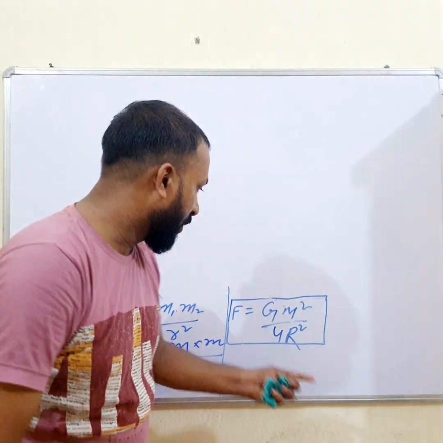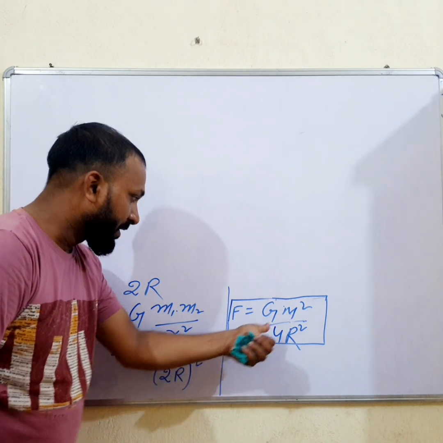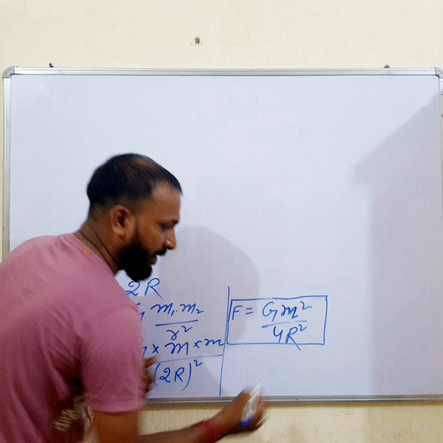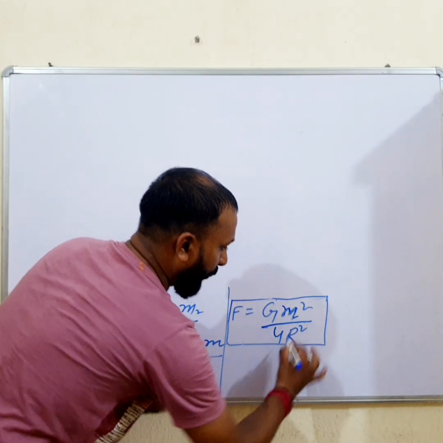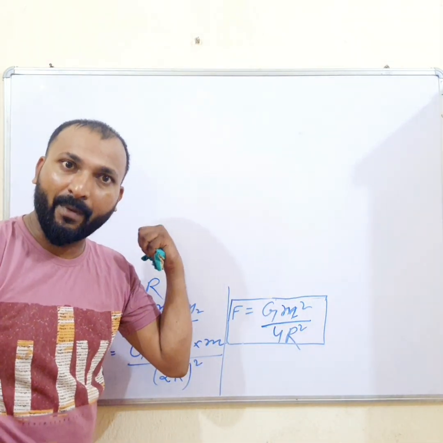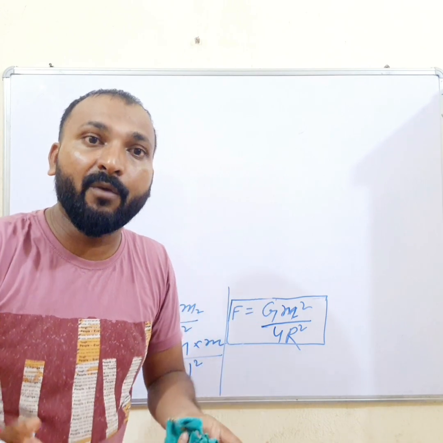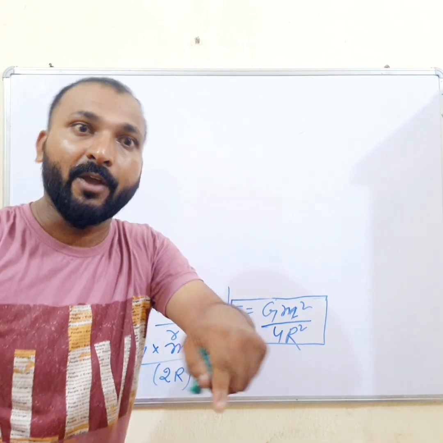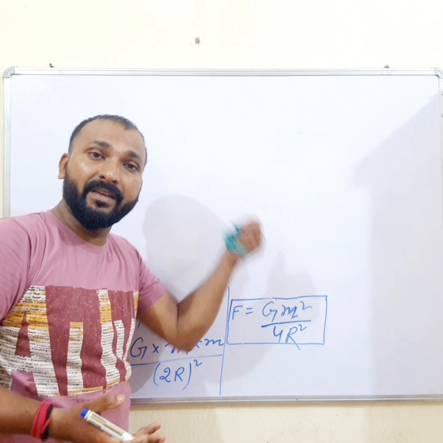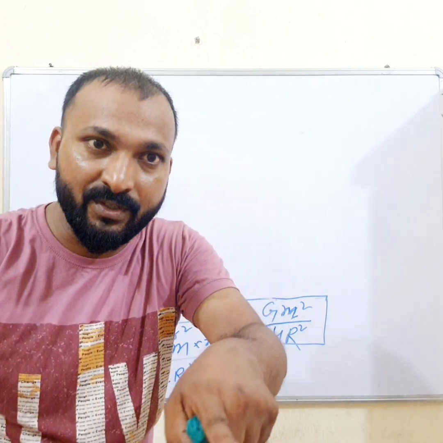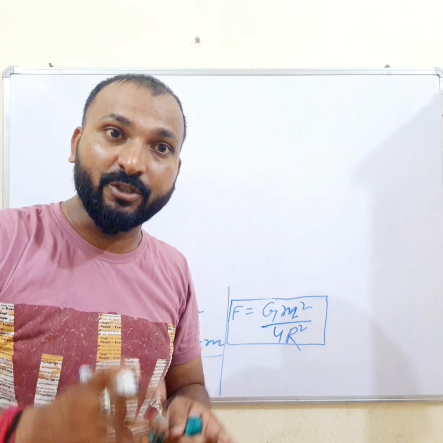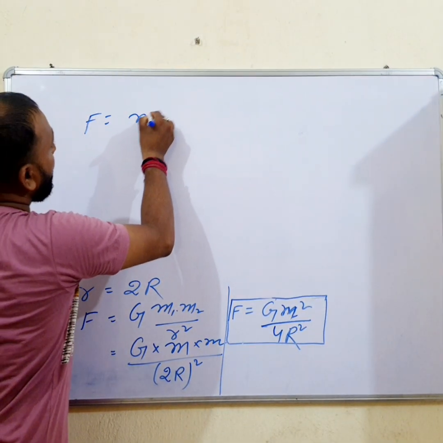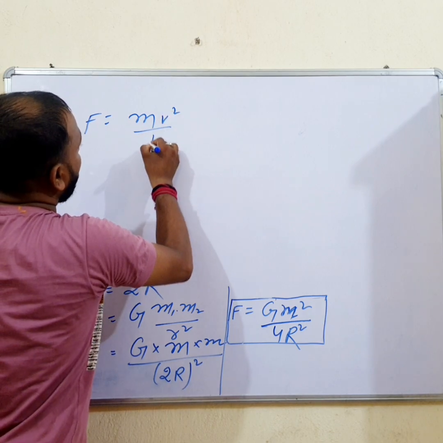Now we got the value of F equals G m square divided by 4r square. Now the second part is what will be the velocity attained by each particle, as this force is equal to the centripetal force, that is F equals mv square upon r.